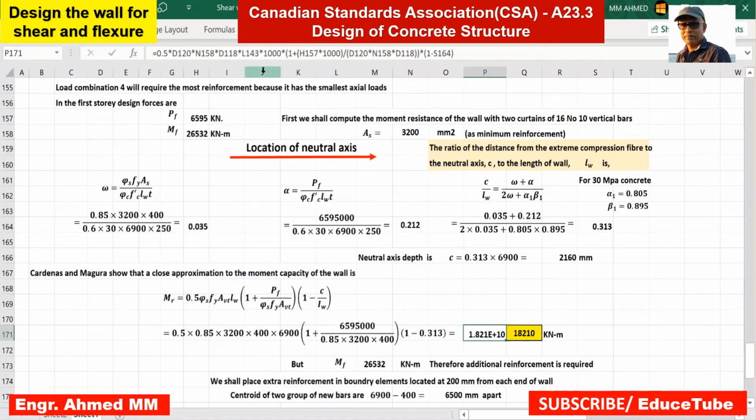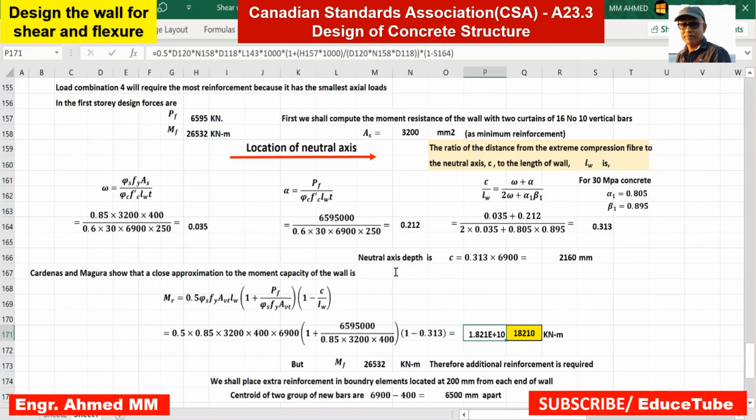If you look at this position, I put this whole equation, values, selecting all the cell address. So Excel calculated that result. And at an end, I wrote 18,210 kilonewton meters.